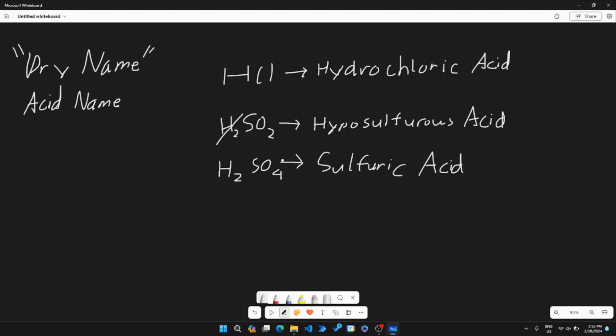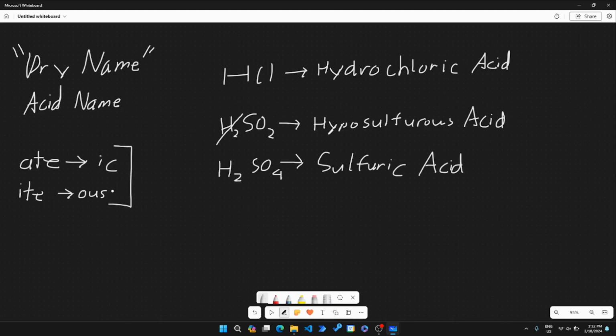So ate becomes ic, and ite becomes us. And these are the naming rules for oxyacids.